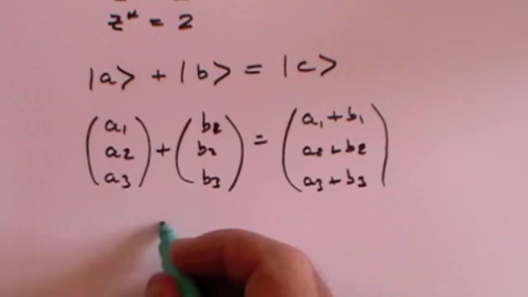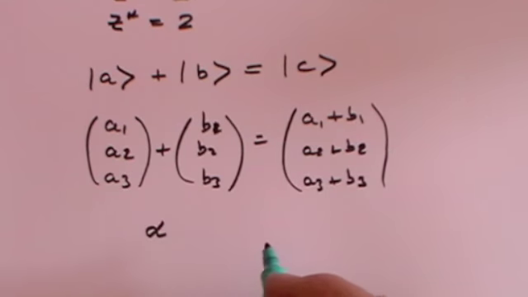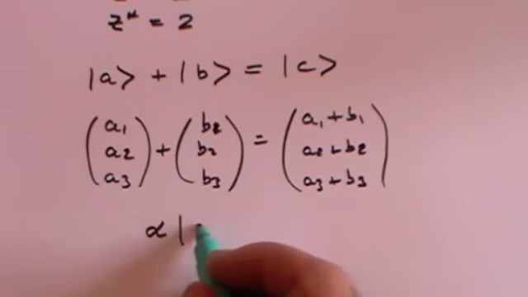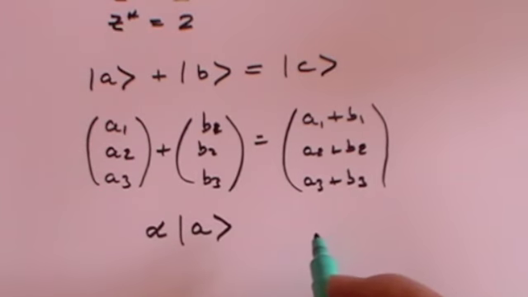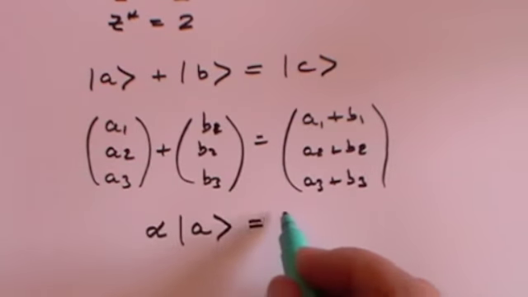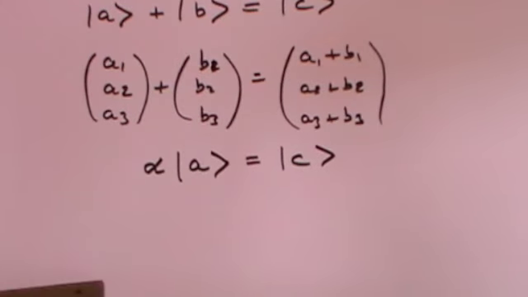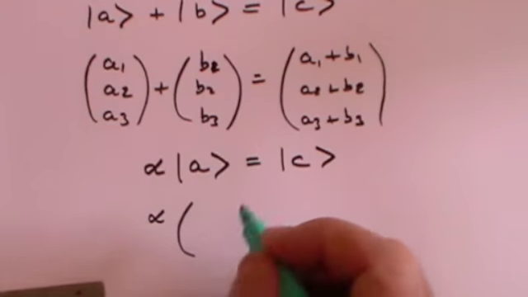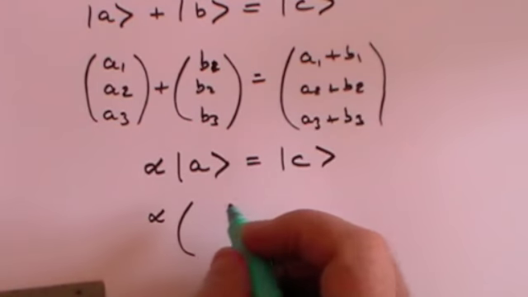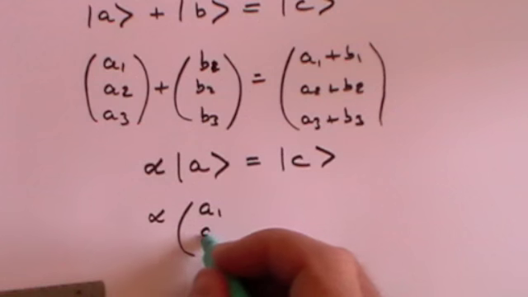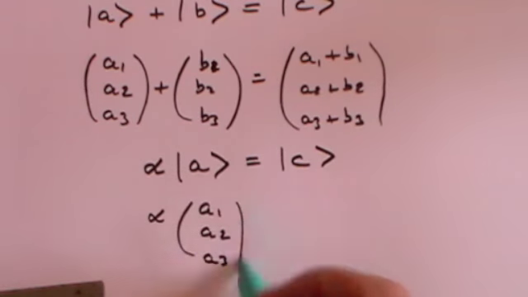Now for very basic multiplication, let's say that we're going to take a number, which could be a complex number, alpha, multiplied by the ket vector A. We're going to see that that will produce another ket vector, and that of course is simply going to be alpha times A, which again I can represent in 3 dimensions, A1, A2, A3.